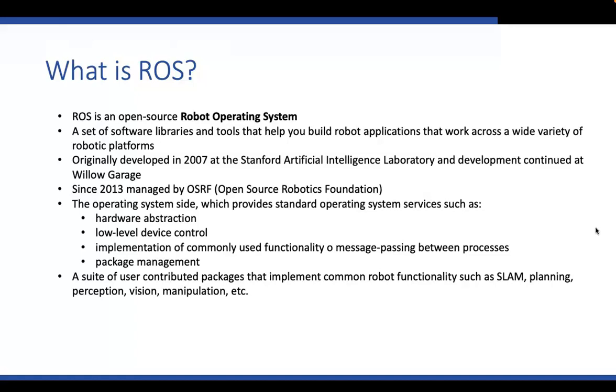It has two sides. One is the operating system side that provides, as I told you, hardware abstraction. That means you write your hardware controllers. Let's say you have a robot and you want to move from point A to point B, and the controllers need to be sent information, such as how much angle it has to move or how many centimeters it needs to move. ROS provides a high-level abstraction of this hardware.